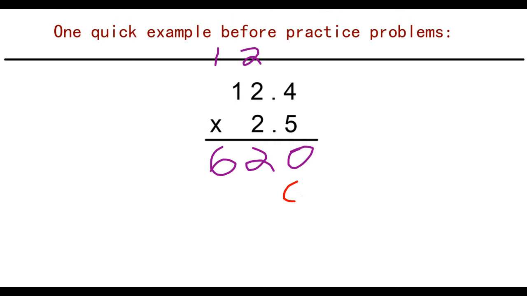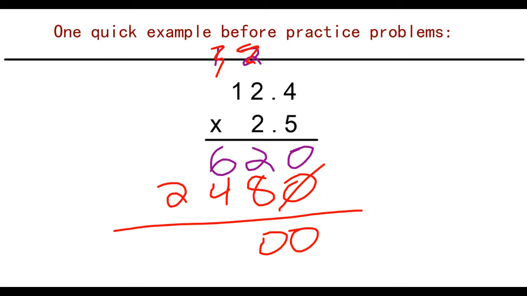Add a 0 as a placeholder because we're moving from the 5 to the 2. 2 times 4 is 8. 2 times 2 is 4. And 2 times 1 is 2, giving us an eventual product of 3100.